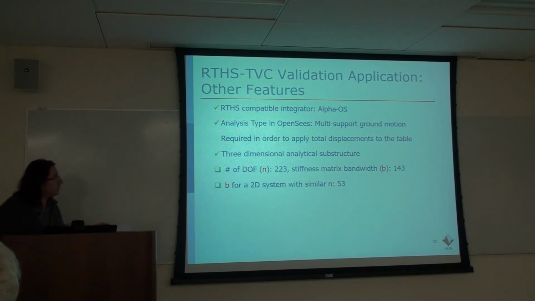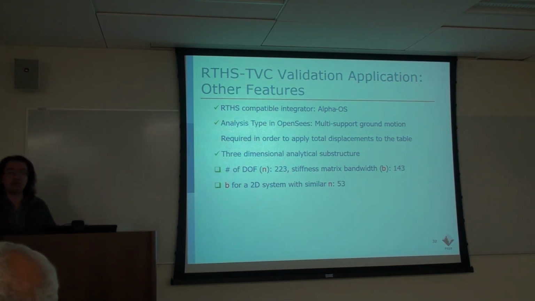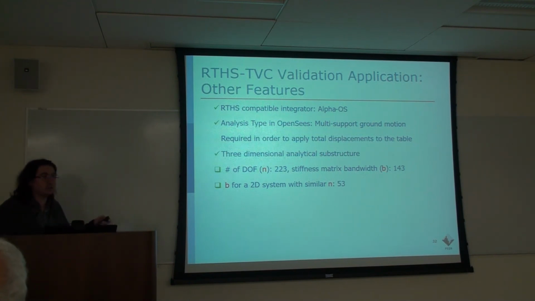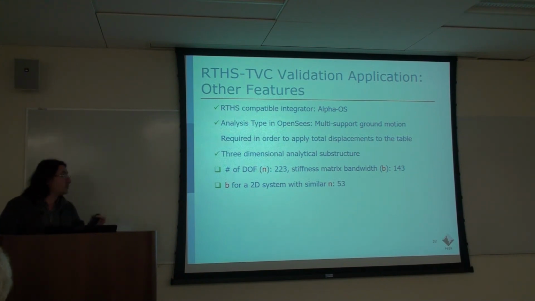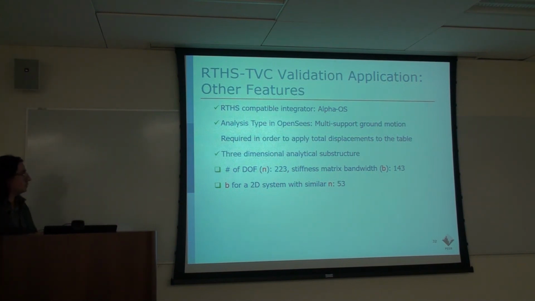When we get the bandwidth of the stiffness matrix for a 2D system with the same number of degrees of freedom, it is much smaller because the number of degrees of freedom per node is 3, so that the stiffness coefficients don't get apart from each other that much. So why is this important?